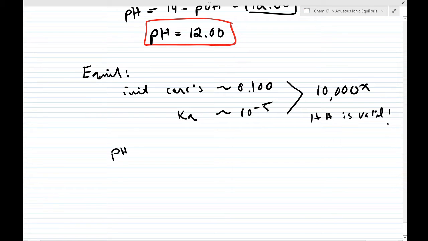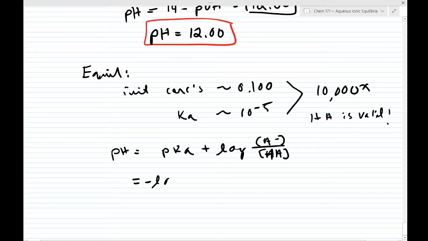So Henderson-Hasselbalch: pH is equal to pKa plus log of A minus divided by HA. Sorry, it's not negative pKa, it's just pKa.